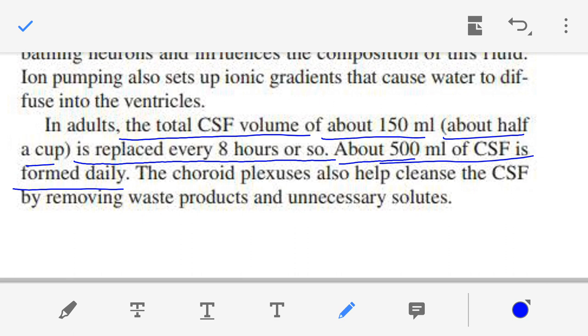Now, another function of this choroid plexus is that it also helps to clean the CSF. And how is this choroid plexus cleaning the CSF?